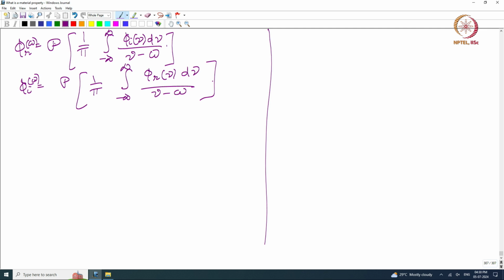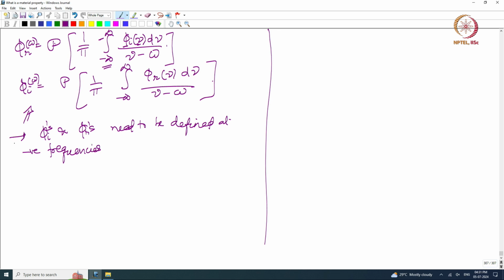In some sense, I don't like the fact that this integral goes from minus infinity to infinity, which means phi I needs to be defined at frequencies which are also negative. So this formula would mean that both phi I and phi r need to be defined at negative frequencies. You can interpret what negative frequencies mean.